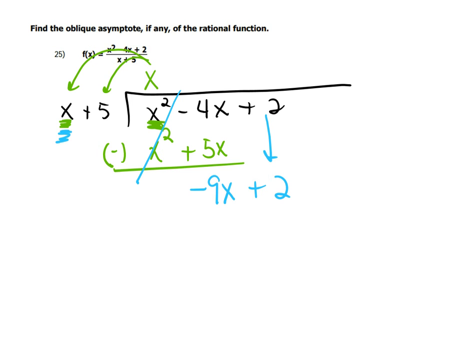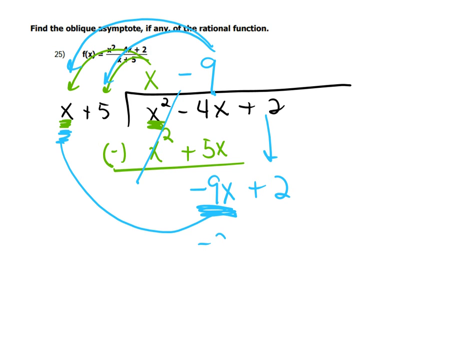You divide x into the -9x. That would go -9 times. And then you multiply and get -9x minus 45. And then you subtract. Those cancel. 2 minus a -45 is a +47.